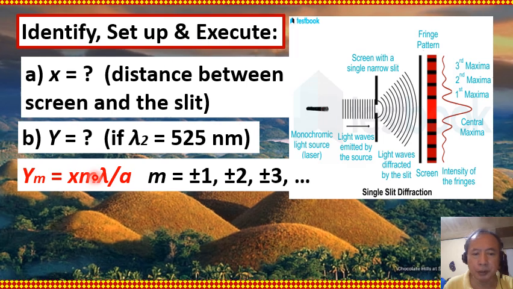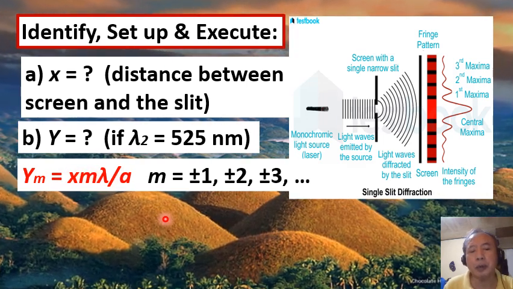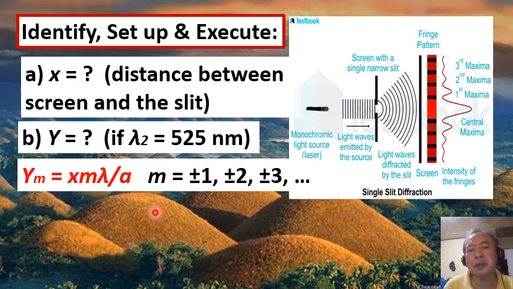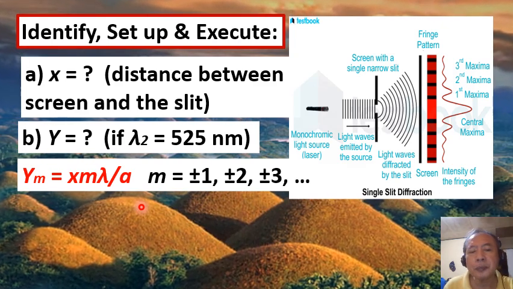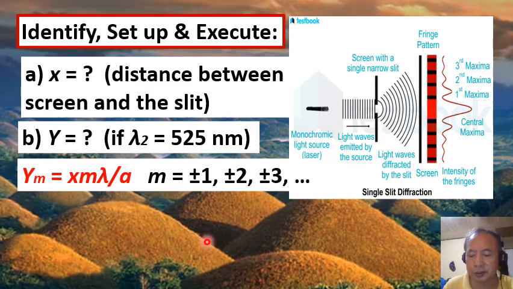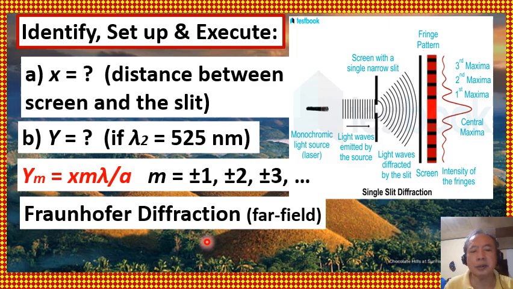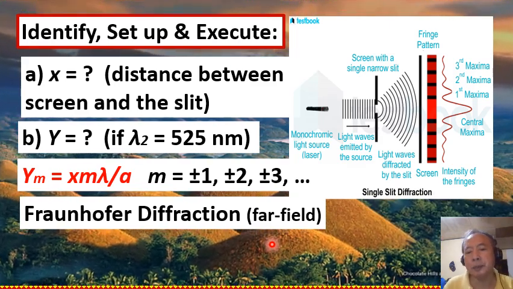All right? So this equation is applicable for cases where y sub m is much smaller compared to the value of x. And it is commonly known as the Fraunhofer diffraction, or a far-field diffraction.